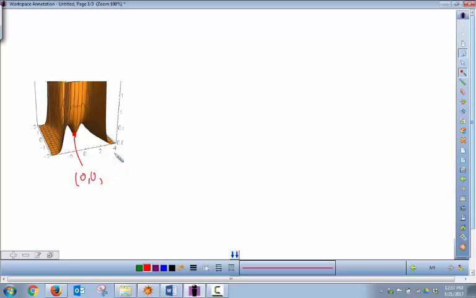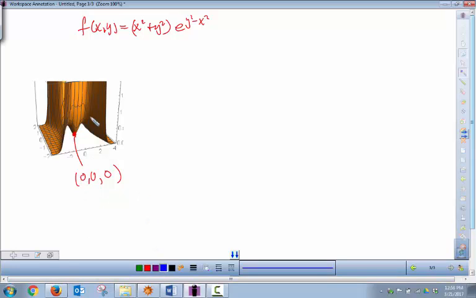And if we want to double check, put this into the original function, you get our f value, right? So our original function was x squared plus y squared times e to the y squared minus x squared. So evaluate that when x and y are both equal to 0, you have 0 times e to the 0, which is 0. And then you could do the same for these things.